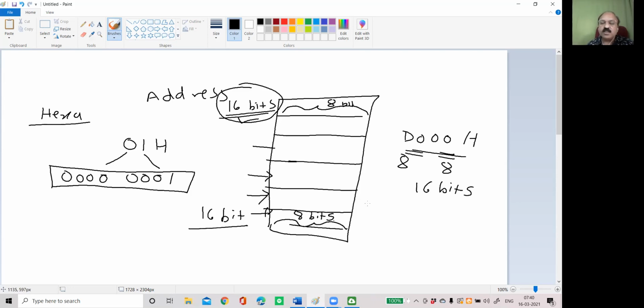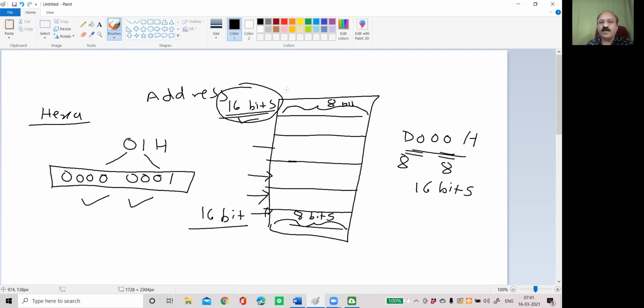So even if an instruction is stored, it will be stored in the form of 8 bits. If data is stored, it will be stored in the form of 8 bits only. Please remember, whether it is data or an instruction, both are stored in the form of binary digits.